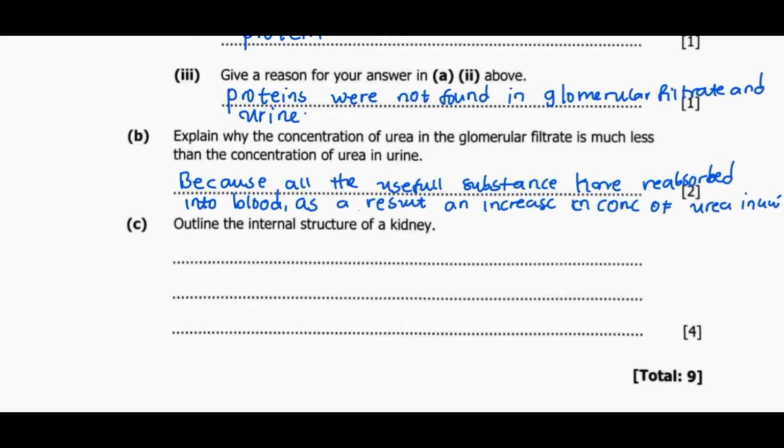So we want to look at the internal structure of the kidney. So how do we outline this? So the first one, we need to know that the kidney is surrounded by a fat layer. So that is the first point that we are going to look at.